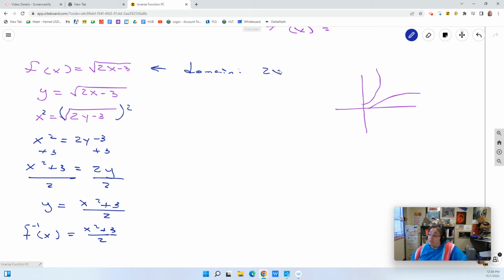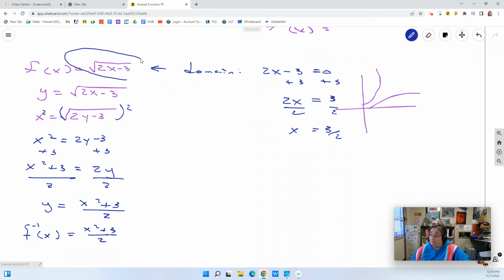So we go, okay, 2x minus 3 equals 0. And whatever makes that 0 would be our starting point of what our domain can be. So we'd add 3 to both sides, and we'd have 2x equals 3, and then we'd divide by 2, and we get x equals 3 halves. And so 3 halves is what makes this piece right here 0, right?